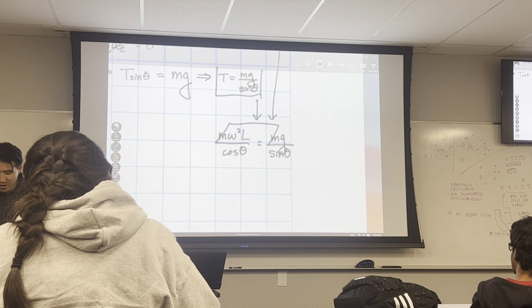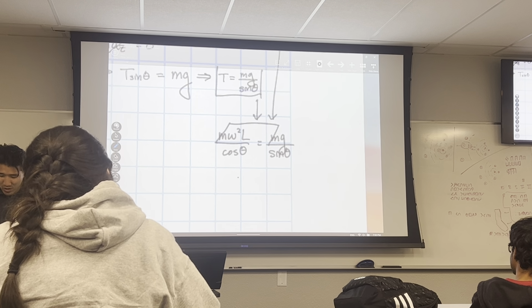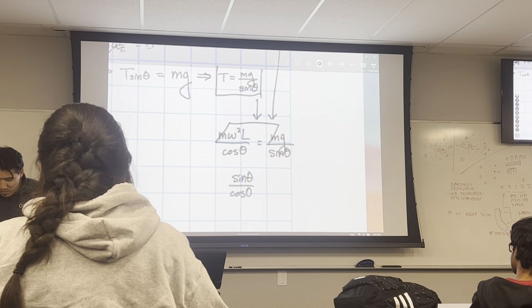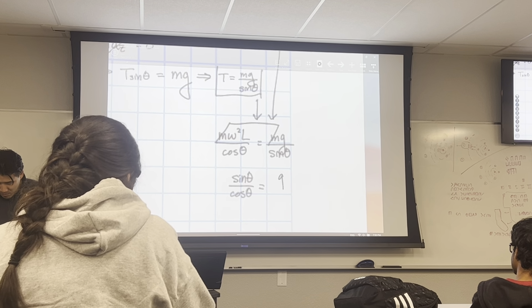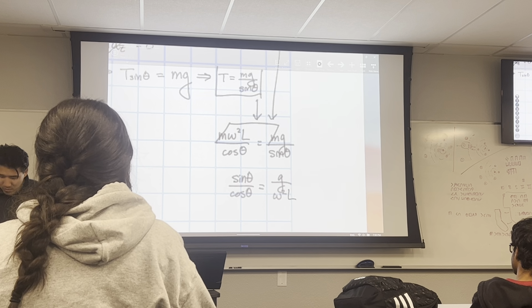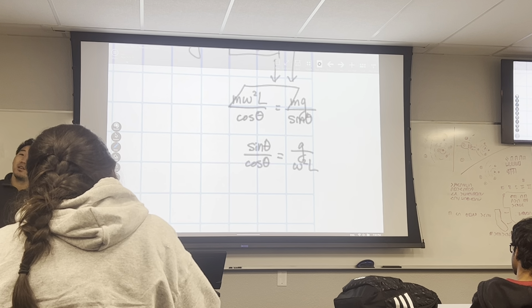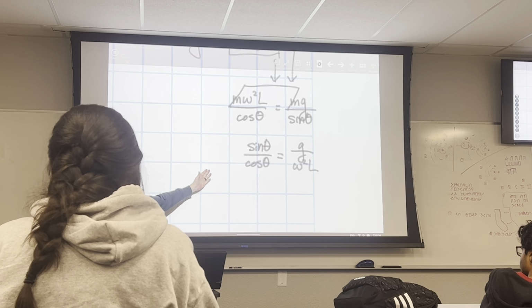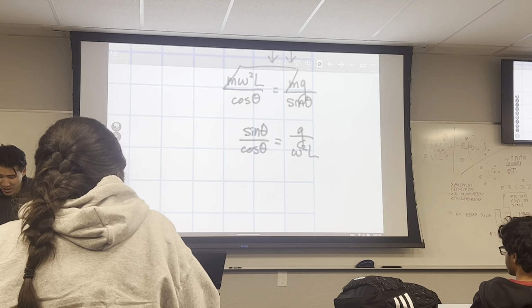Multiply the sine over onto the other side and divide by omega squared L. And who remembers what sine over cosine is? Tangent, that is correct.